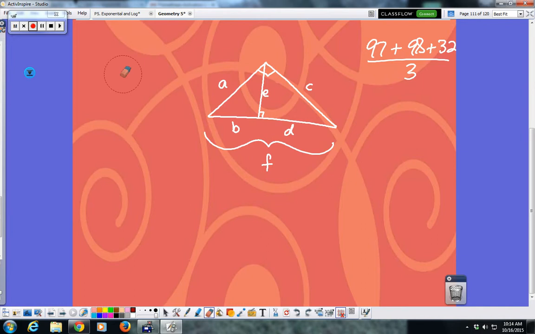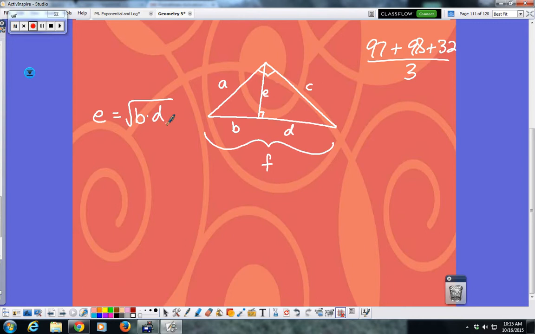But now that we know what the geometric mean is, let me discuss how it applies to this stuff that we're doing. You have this scenario of altitude, right triangle. Here's the rules, and I'd write these down in some way. The altitude in this triangle, the E, is equal to the geometric mean between the two bottom pieces.